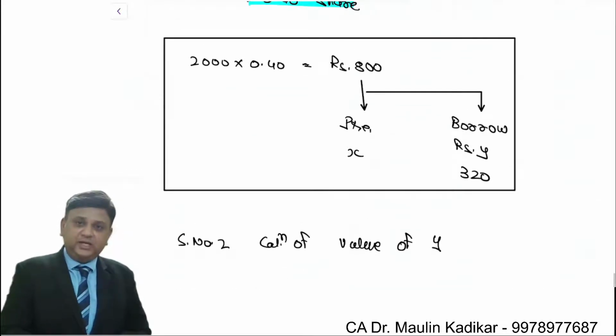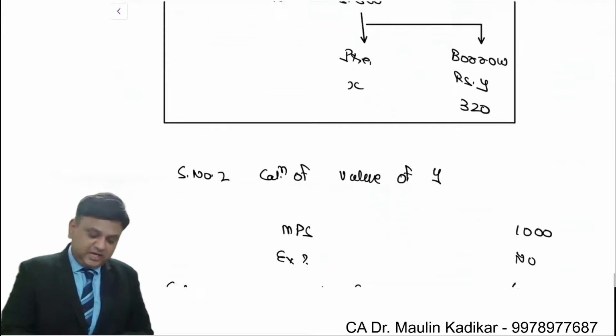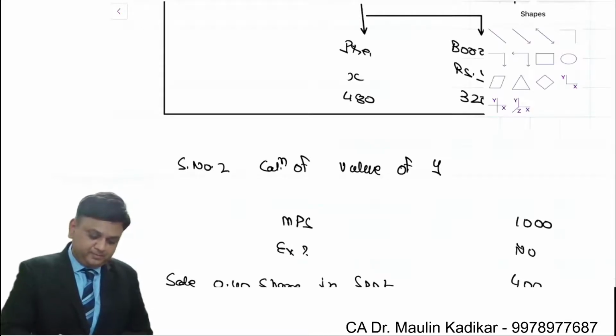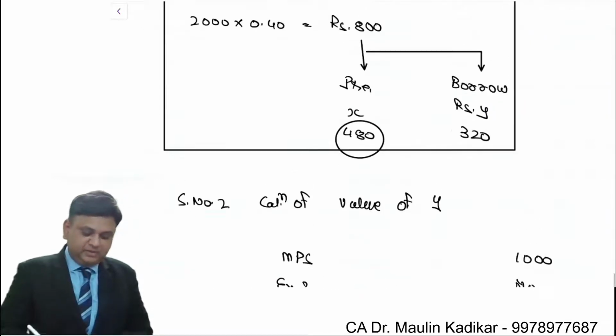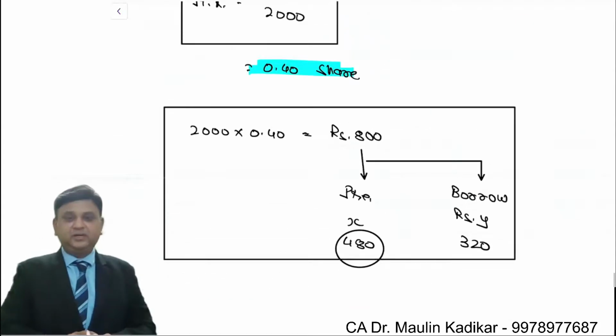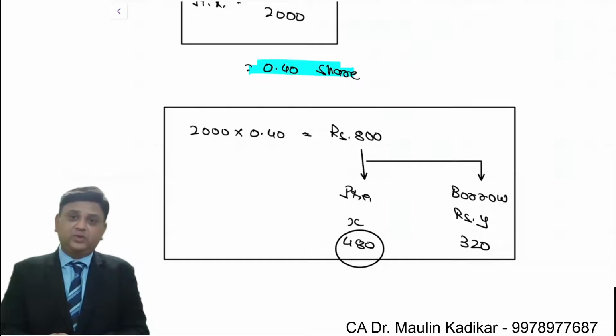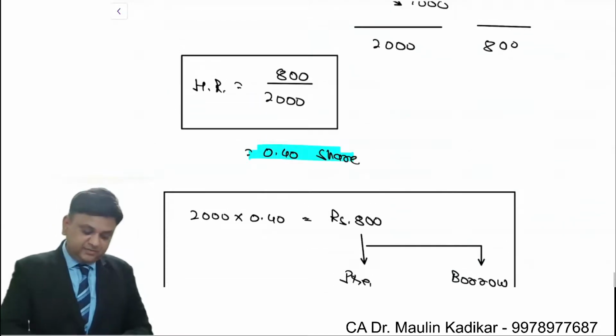Then step number 3, calculation of X. And what is the premium amount? Premium amount is 480. That is the way the premium amount is calculated as a balancing figure, that is 480. These are the 3 steps in which we are required to do the answer. Step number 1 is hedge ratio.